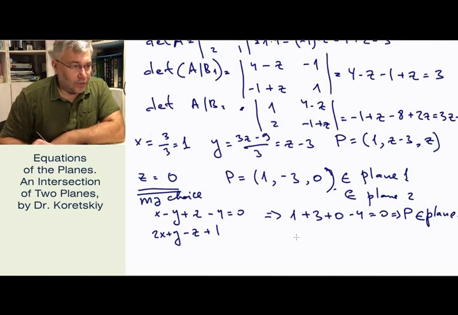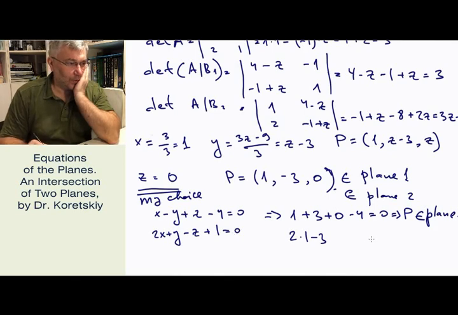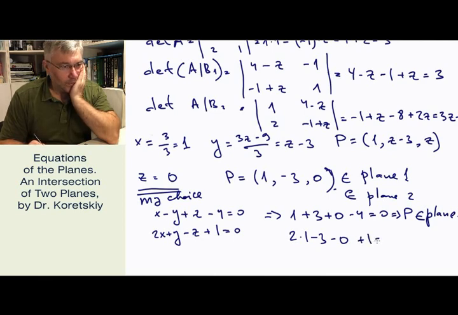So 2x plus y minus z plus 1, I just try to check it. 2 times 1 minus 3 equals 0, don't forget here minus 0 plus 1, and it is clearly 0, so P belongs to plane 2.